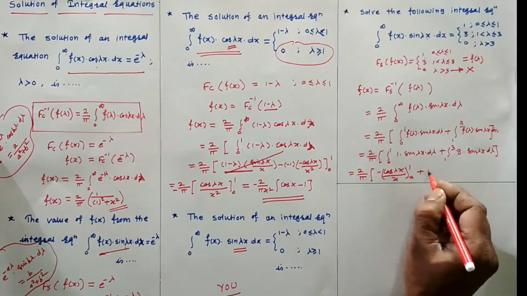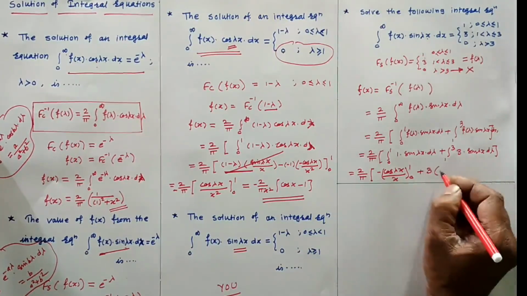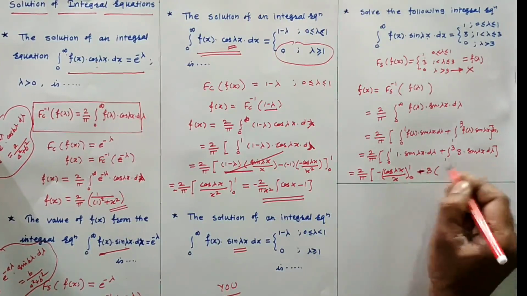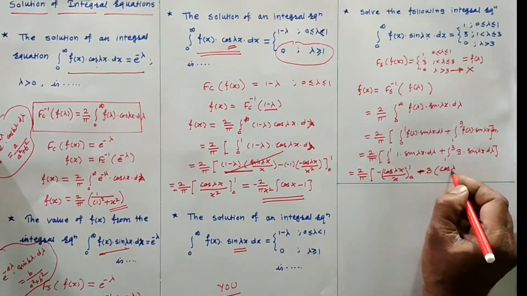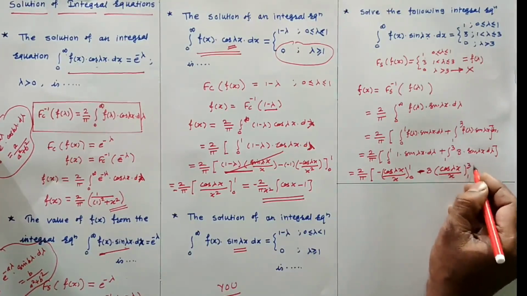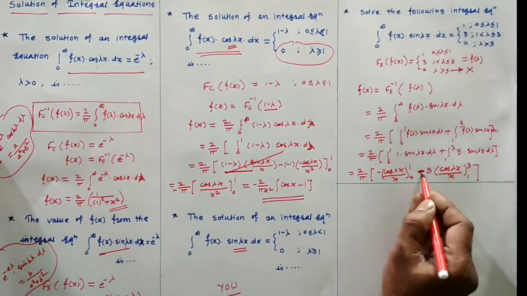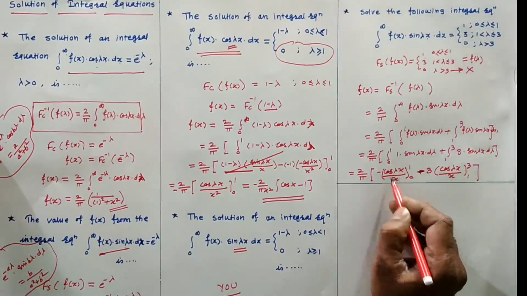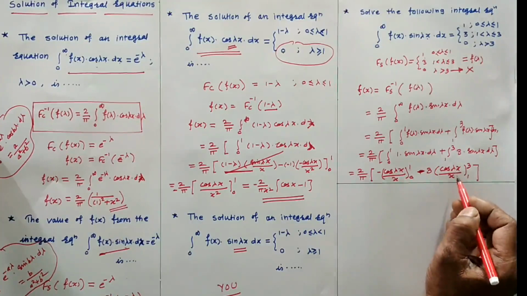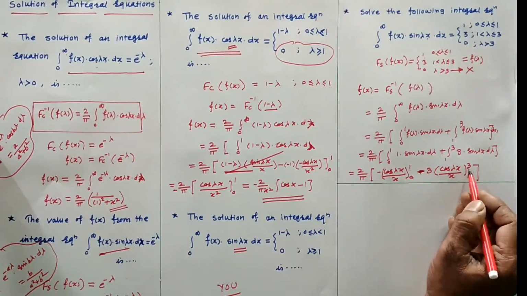I am taking the integration; 3 is constant. Minus I am writing here, since the integral of sine is minus cos(lambda x) by x. Lower limit is 1 and upper limit is 3. Take minus outside. Here put lambda equal to 0 and lambda equal to 1, and here put lambda equal to 1 and lambda equal to 3.